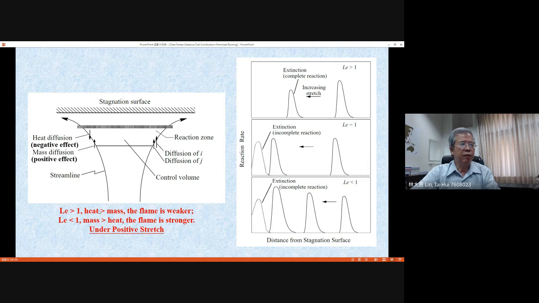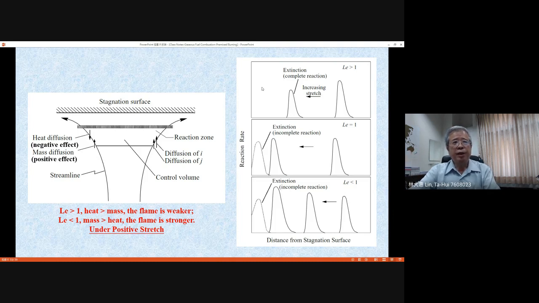The influence coming from the heat is stronger than that coming from the mass. But unfortunately, for this stagnation point flow, the heat has a negative effect, but mass has a positive effect. The negative effect is stronger than the positive effect, so the flame becomes weaker. This is the case for Lewis number bigger than 1, the upper figure.